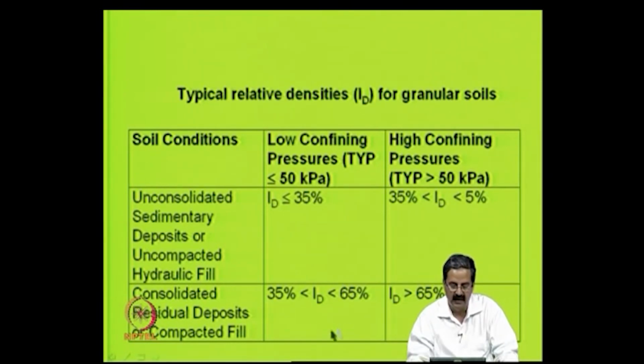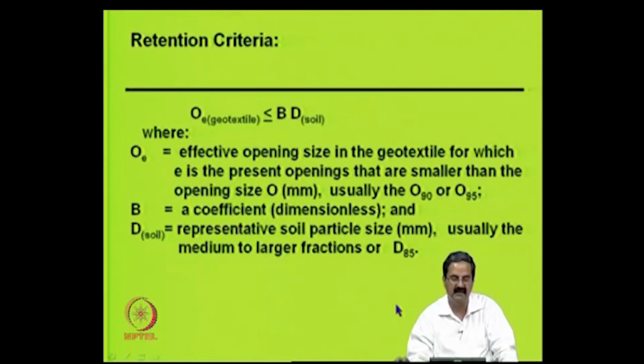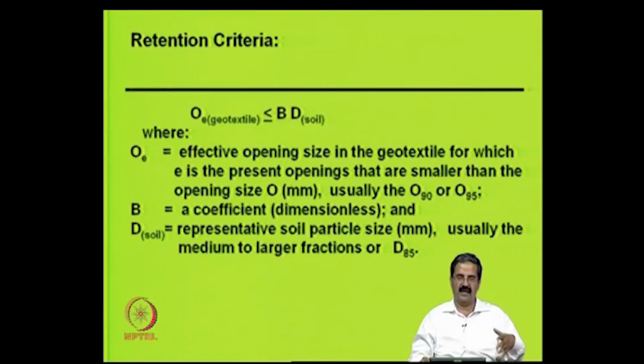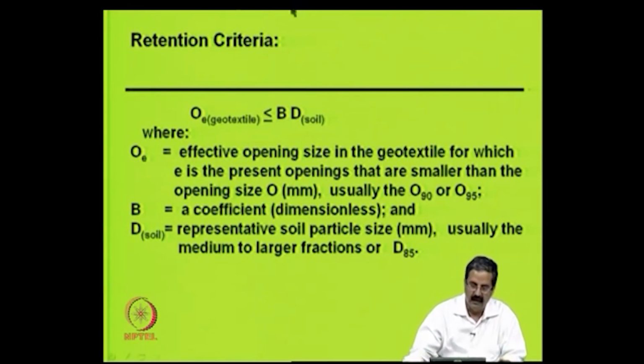For consolidated residual deposits, it is 35 to 65%, and the relative density is high. So, some of these numbers he has given, and he identified the hydraulic gradients, the influence of soil type and pressure, and he proposed a retention criteria using geotextile.